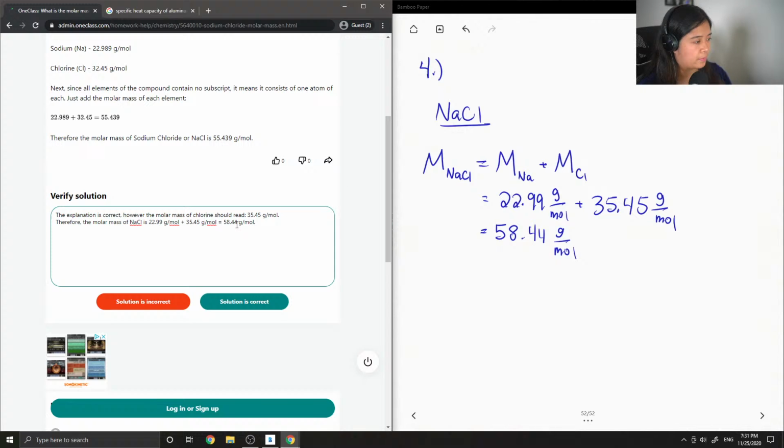Okay, so I just explained that since the molar mass of chlorine is 35.45, the molar mass of sodium chloride will add up to 58.44.